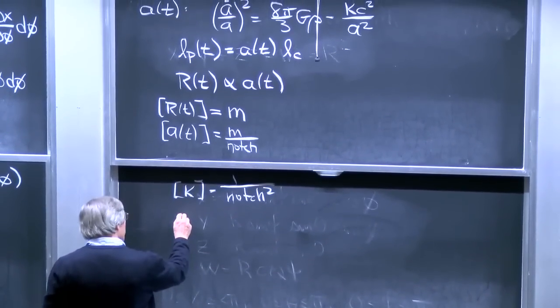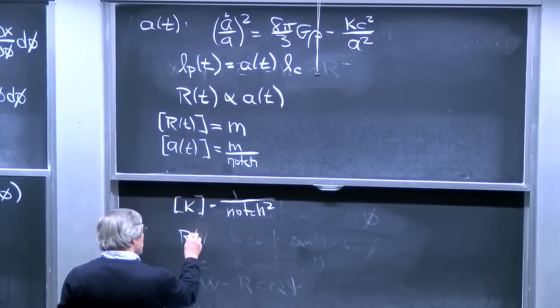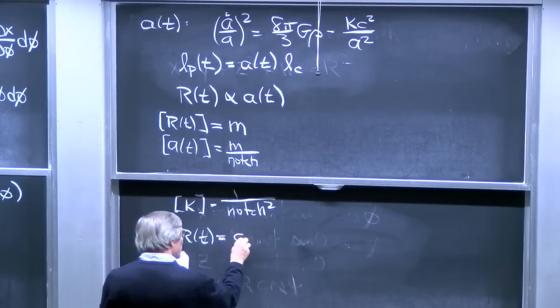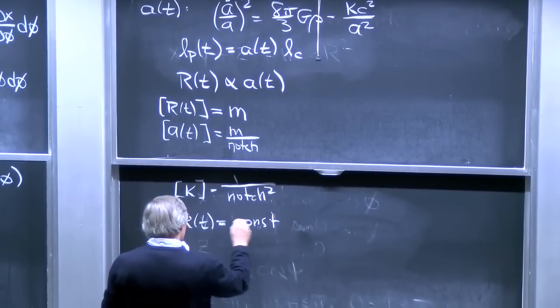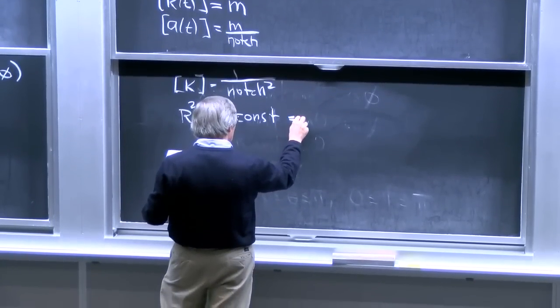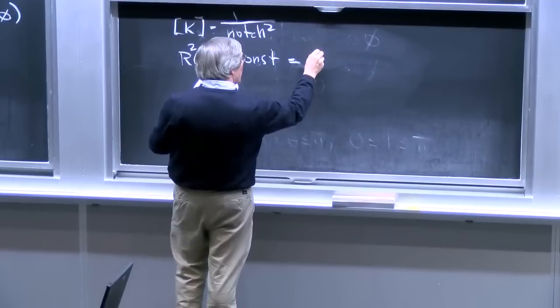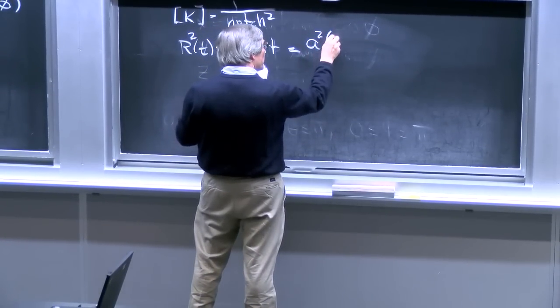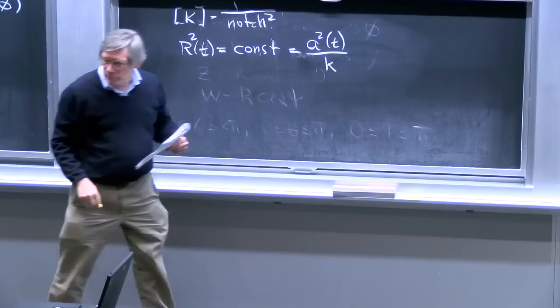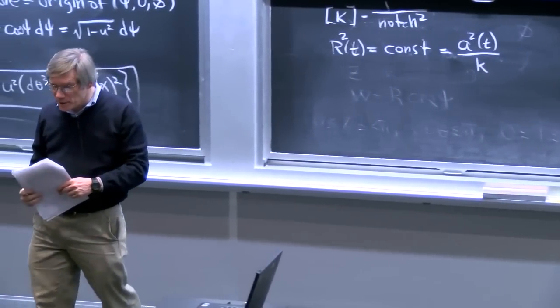So to get the units right, we can write it as r of t is equal to some constant. Actually, it's more convenient to square this. R squared of t is equal to some constant times a squared of t divided by k. And now that constant is dimensionless.